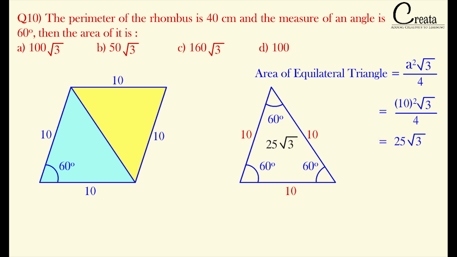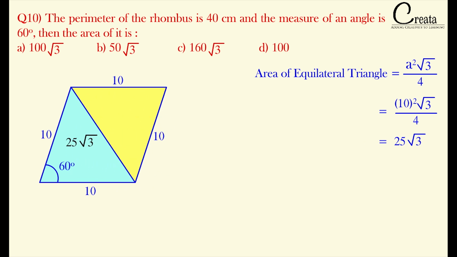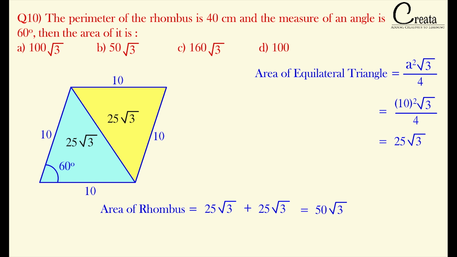Similarly, area of the second triangle will also be equal to 25 root 3. Okay, got it? So we can calculate area of this rhombus by adding area of both of these triangles, which will be equal to 25 root 3 plus 25 root 3, which is equal to 50 root 3. That is the answer of the question.